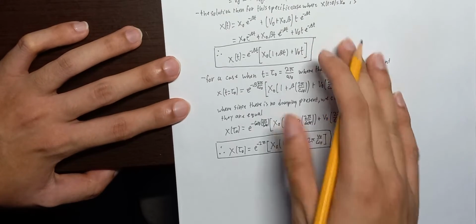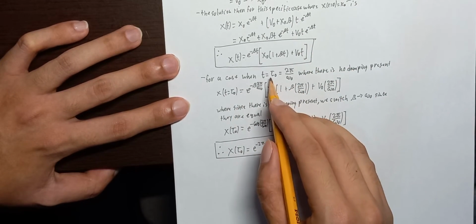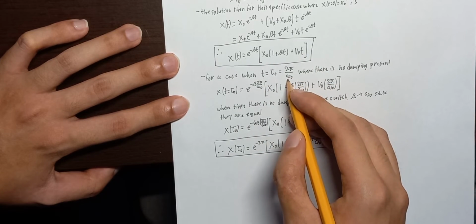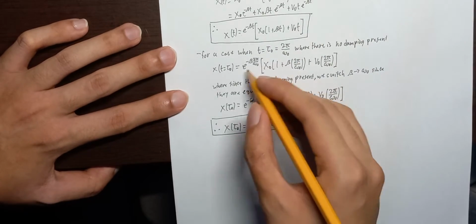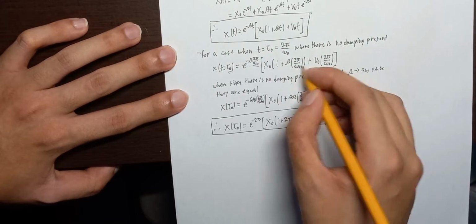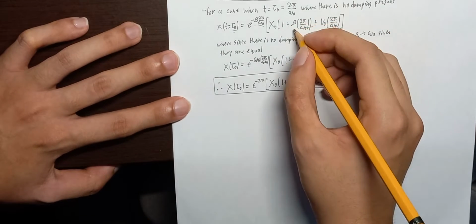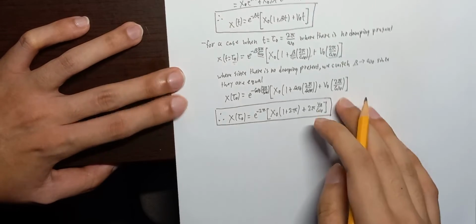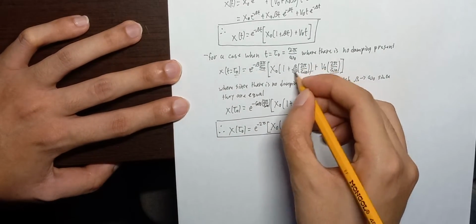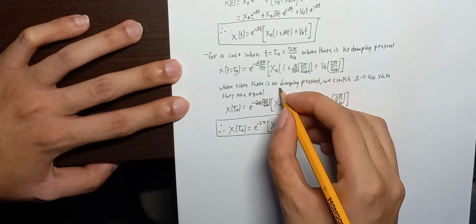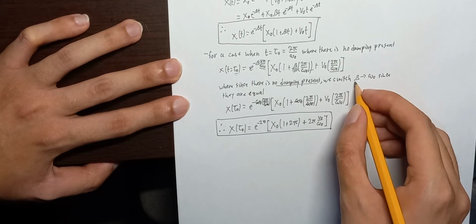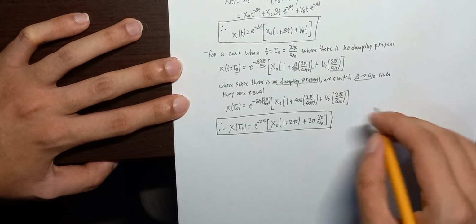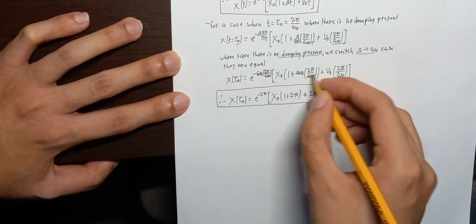And since we have another case where t is equal to tau naught, which is equal to 2 pi over omega naught, we plug that in here, where since in this condition damping is not present, we switch the beta here to omega naught, which cancels it out.